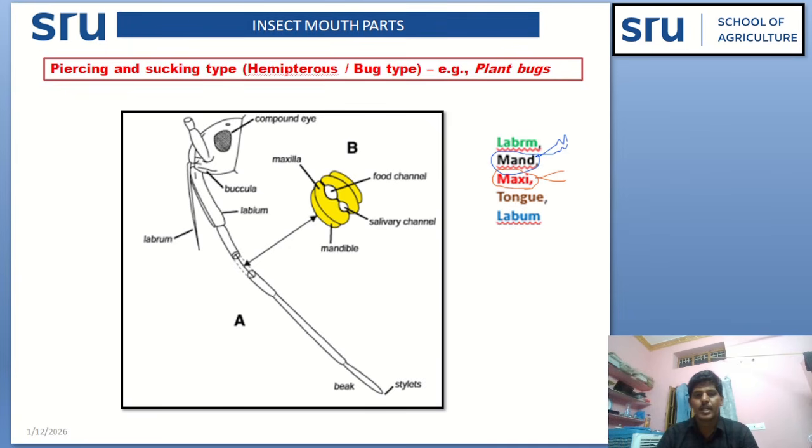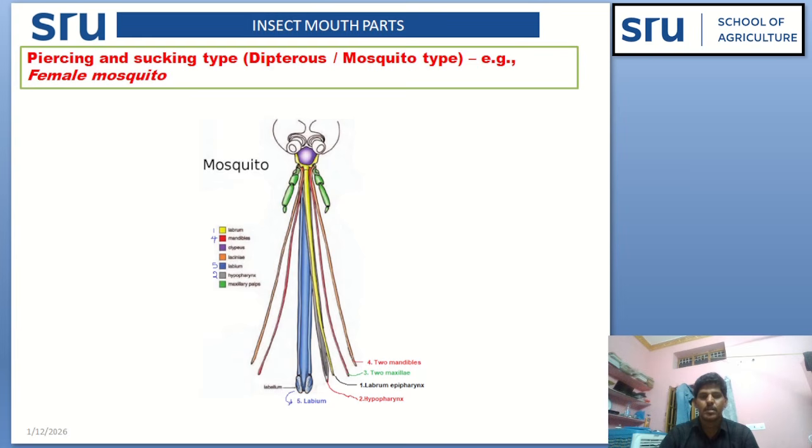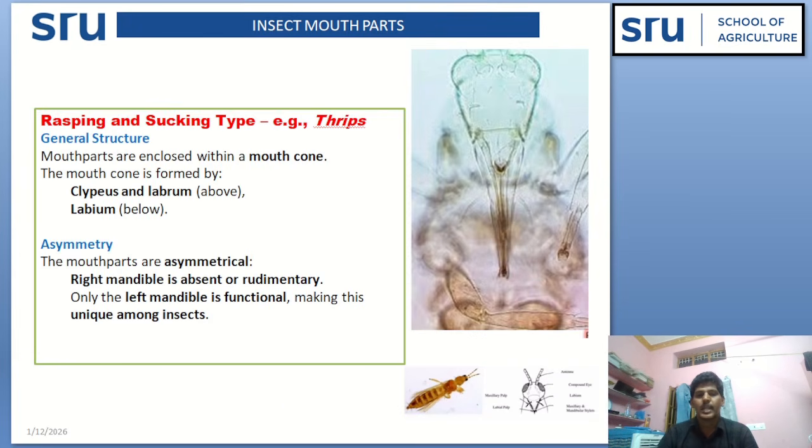Piercing and sucking type of mouthpart, that is hemipterous or bug type, is present in plant bugs. Piercing and sucking type of mouthpart, that is dipterous or mosquito type, is present in female mosquito. Rasping and sucking type of mouthpart is there in thrips.